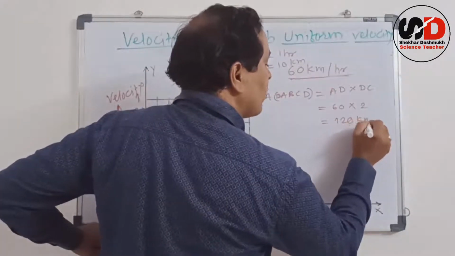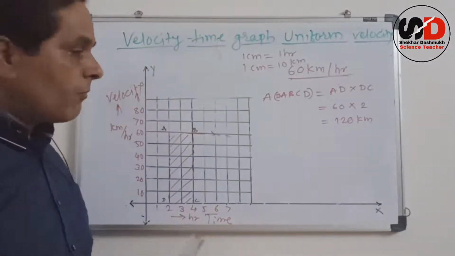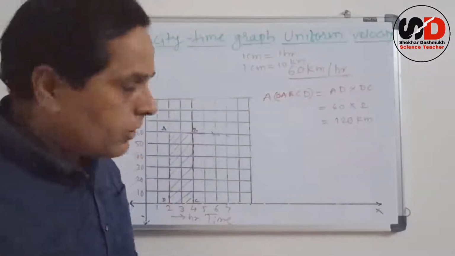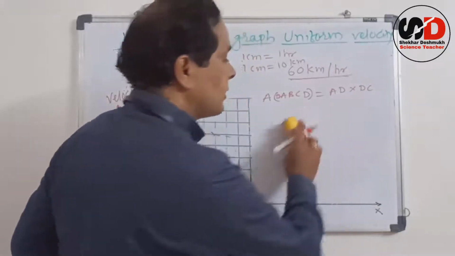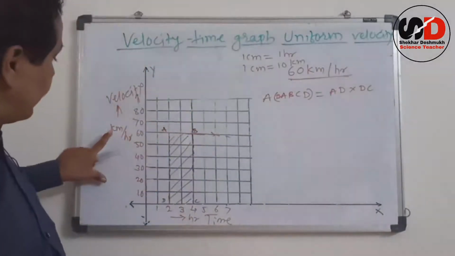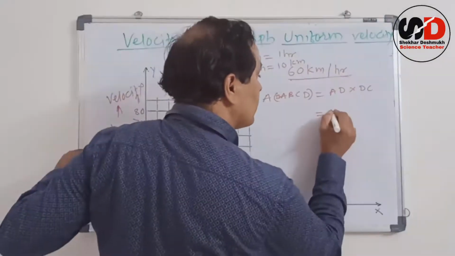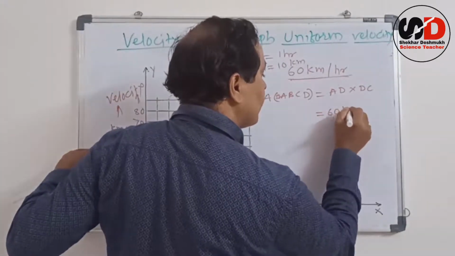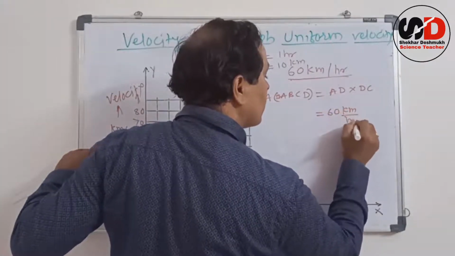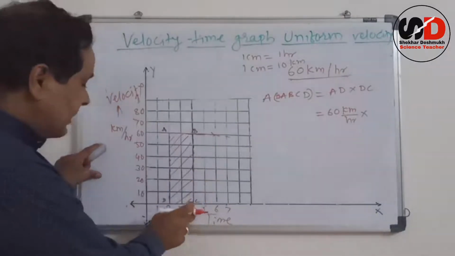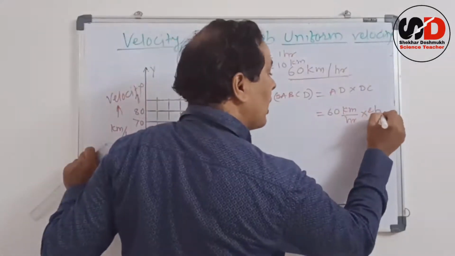120 kilometers here. From where we are getting the kilometer, you can write here also. AD is in kilometer per hour. So it is 60 kilometer per hour into DC, 2 hours.